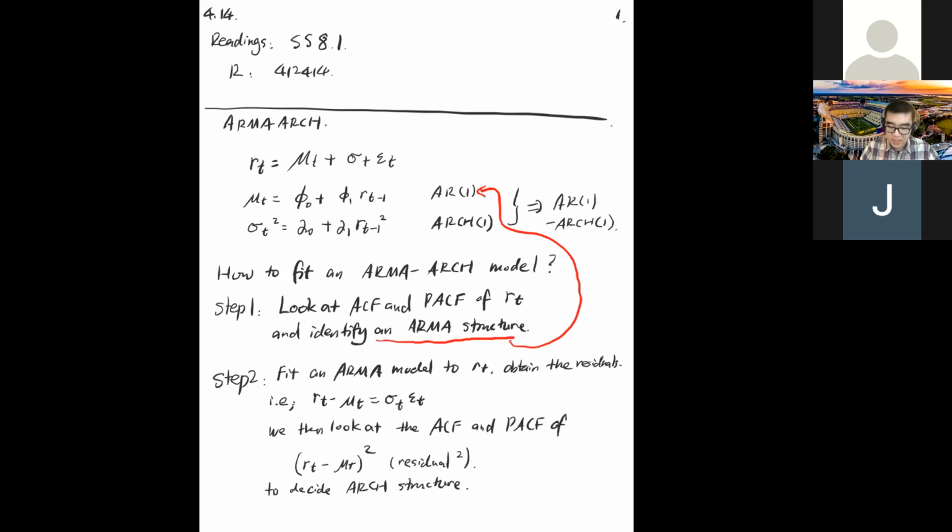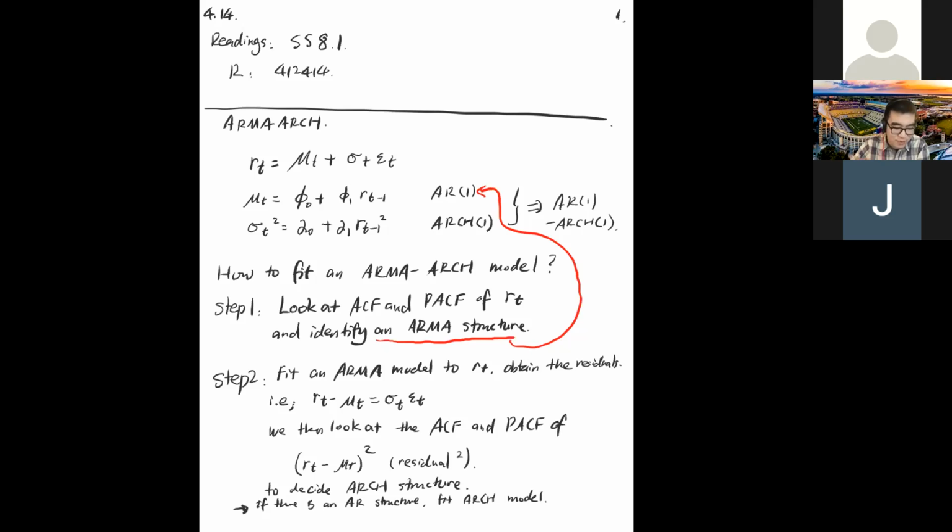And we will look at the ACF and the PACF to decide the ARCH structure. If there is an AR structure, then we will fit an ARCH model. What is the AR structure? The AR structure is basically the PACF cuts off and the ACF tails off.